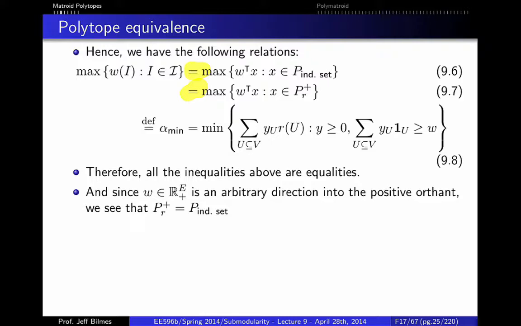So now what we've got here is that these two things are equal, and that's for any arbitrary direction vector W, right? Or any non-negative direction vector. And so therefore, it must mean that the independent polytope is equal to the rank polytope.